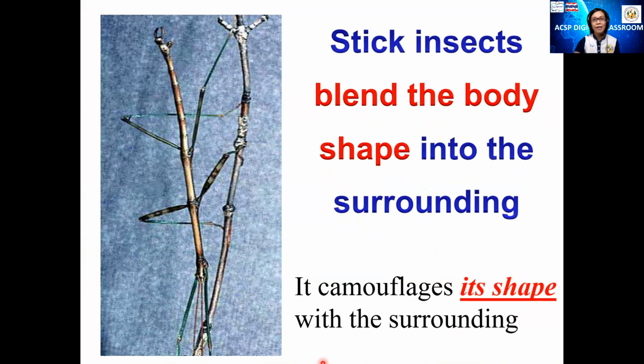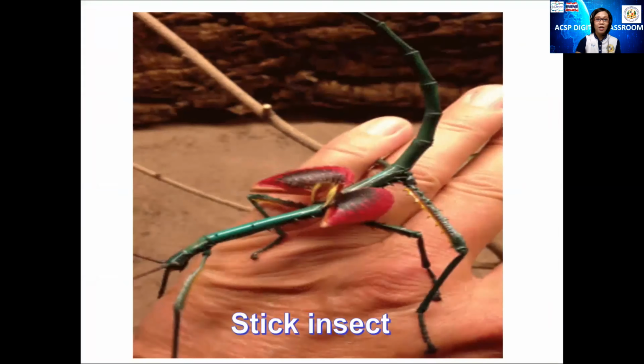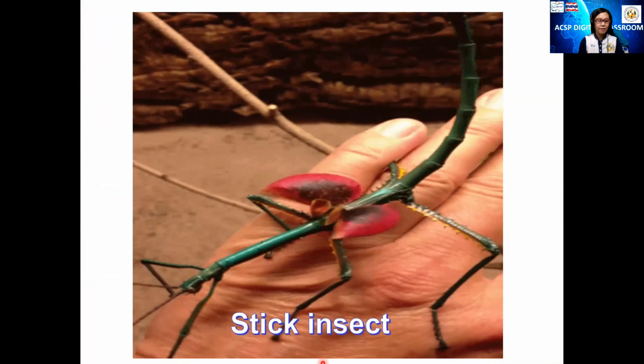In stick insects, it blends the body shape. The chameleon and grasshopper blend the color into the surroundings. That is camouflage. This is a stick insect.